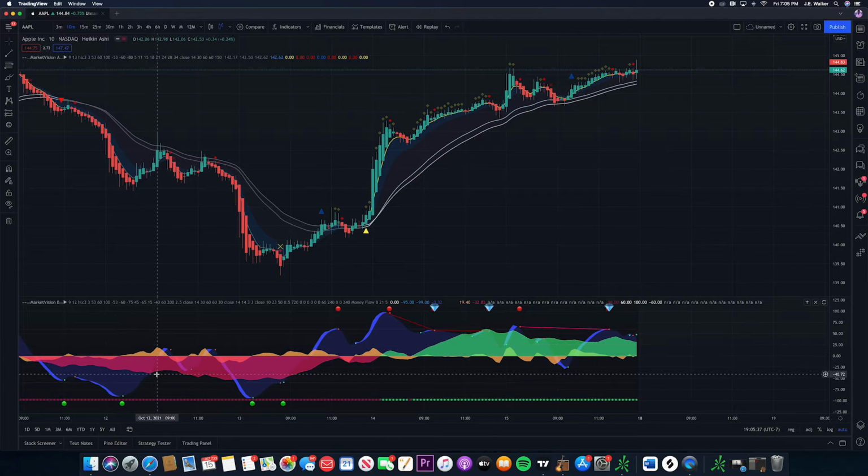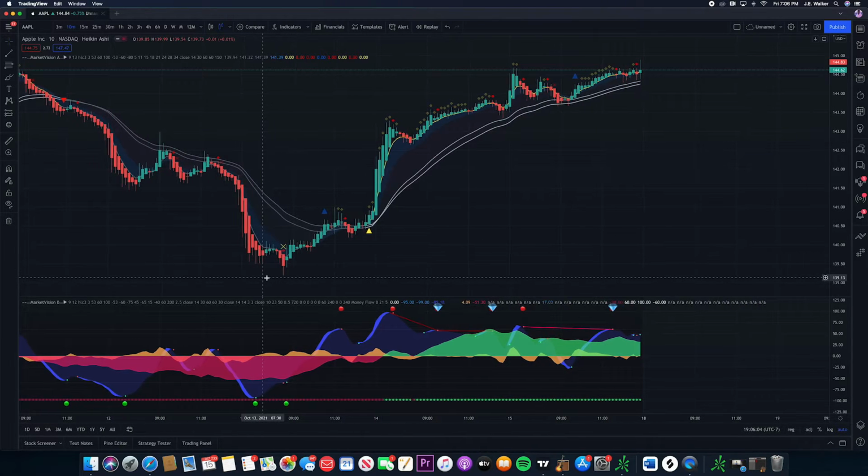Red dots are indicators of a downward trend, so you're shorting. Red, down. Green, up, right? But in this instance, not so much. But you get the general idea, as long as you understand what's going on.